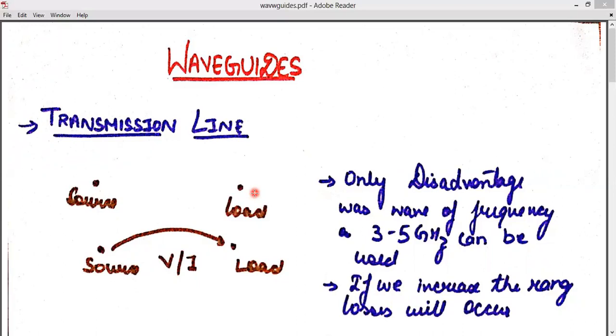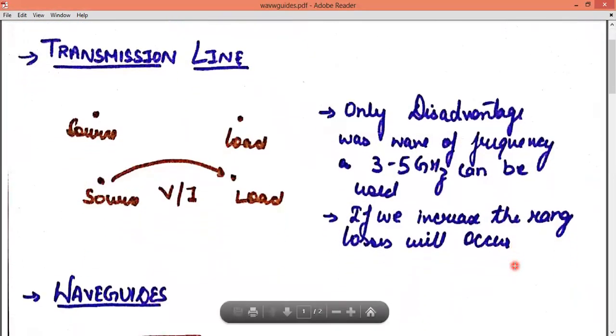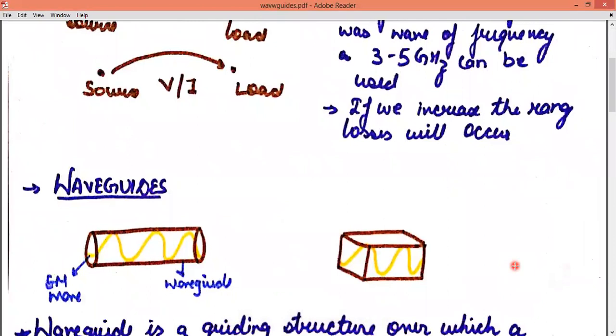So we take another step up, which is the waveguide. Basically, a waveguide is a guiding structure over which a wave will travel from one point to another. Let us understand, we have a circular cylinder and a rectangular box.